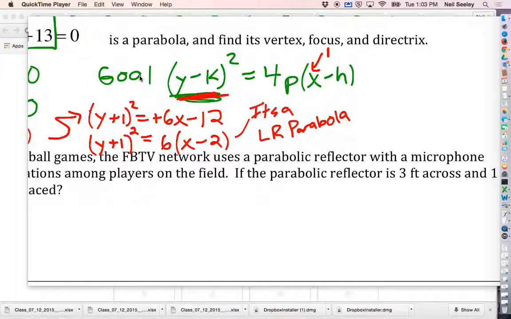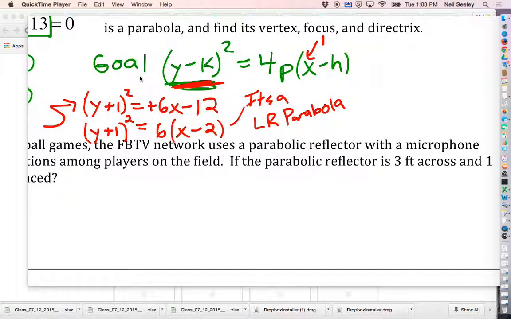We got more. We could do that 6 equals 4p. Now, is that a stretch? Can you see this? I got 4p is whatever's in front of the x minus h. There it is. I can find your p, and y'all got it.